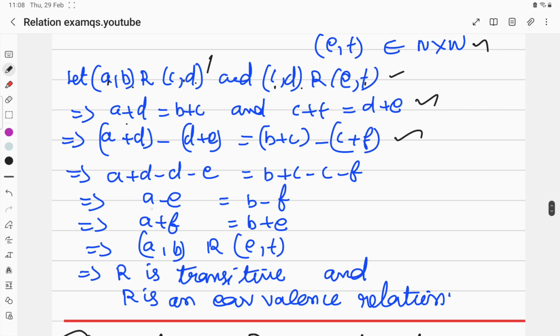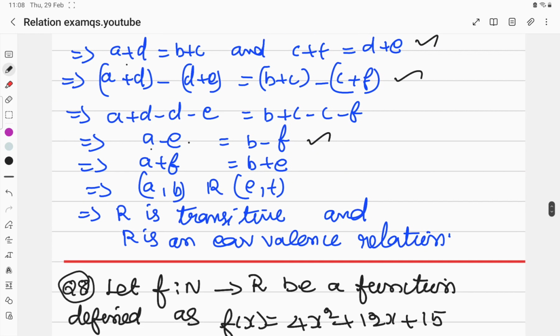So we get a minus e is equal to b minus f. Therefore, a plus f is equal to b plus e. Hence, (a, b) is related to (e, f). Therefore, R is transitive and R is an equivalence relation.